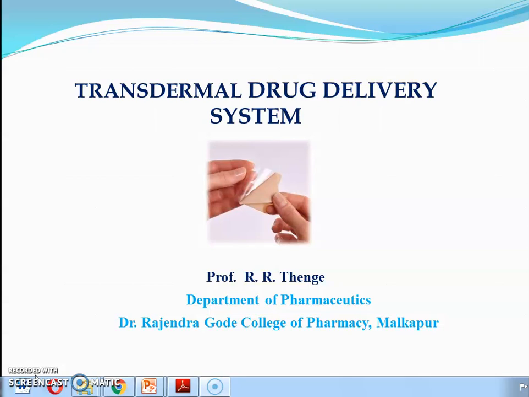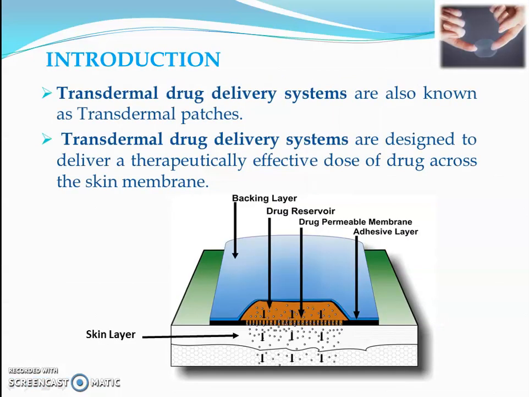Now I am going to talk on the topic transdermal drug delivery system. As you know, transdermal drug delivery systems deliver the drug through the skin into the systemic circulation. These systems are also called transdermal patches.